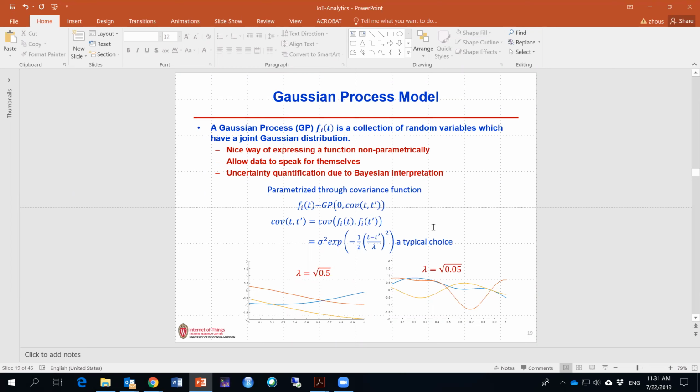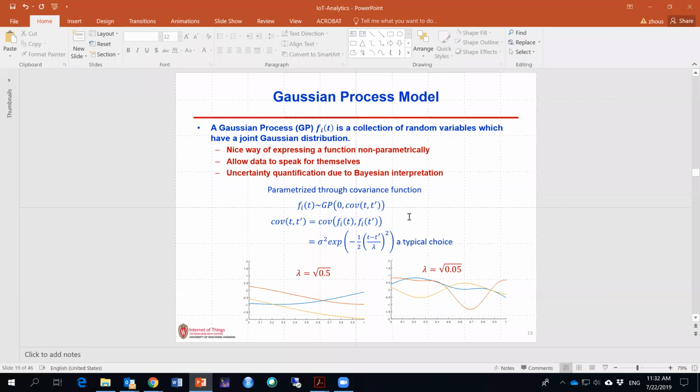So essentially, intuitively you can view the covariance function as specifying the similarities of the random variables of the Gaussian process with different inputs. Typically, the covariance function takes the input of the Gaussian process as its input and provides the covariance value of the corresponding Gaussian random variables of the Gaussian process.